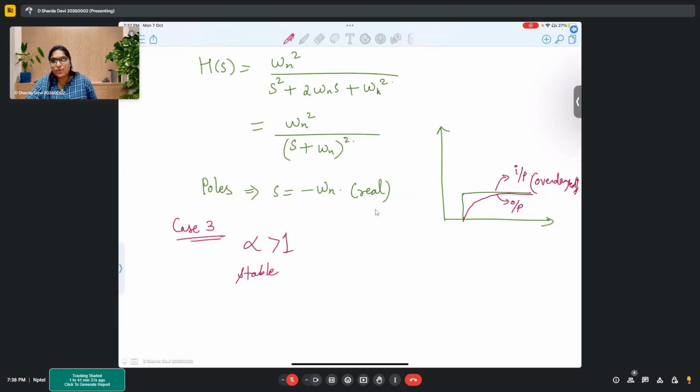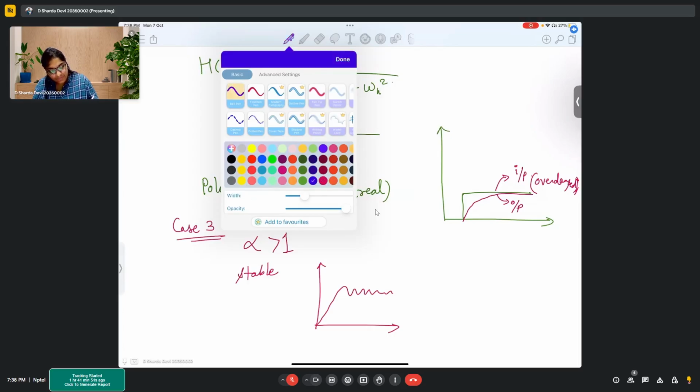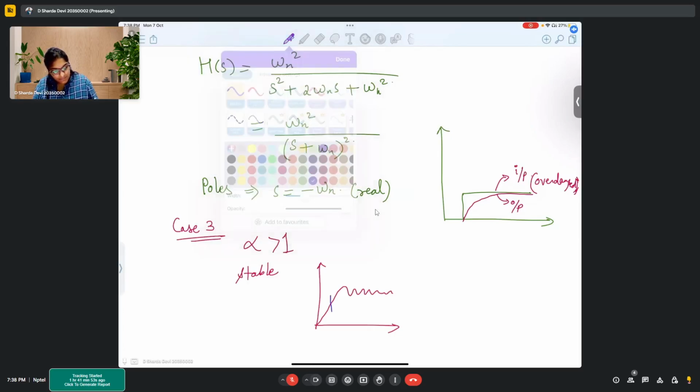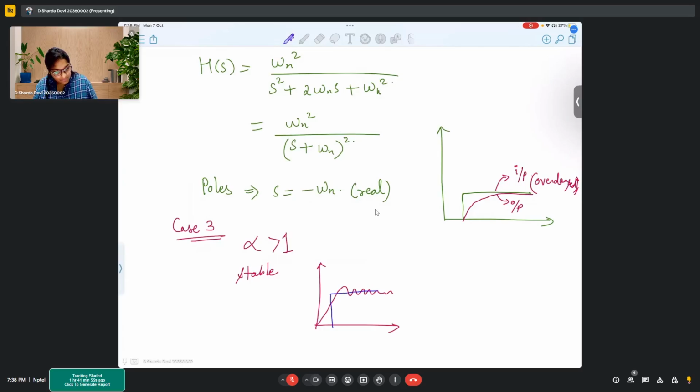We will get two poles with alpha being greater than 1, and it will be somewhat like this kind of system, which is the damped system. So this is your input and this is your output. This is how the system will look.